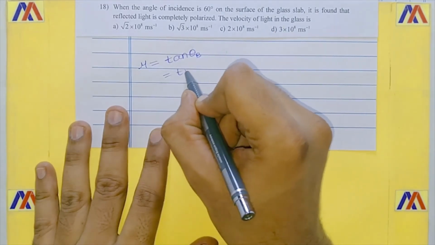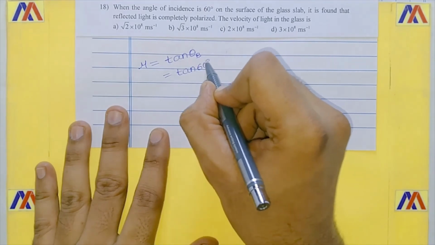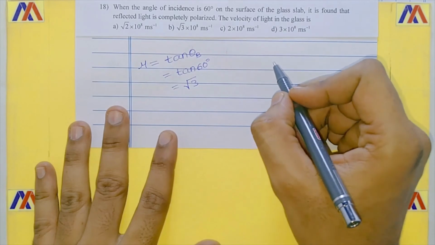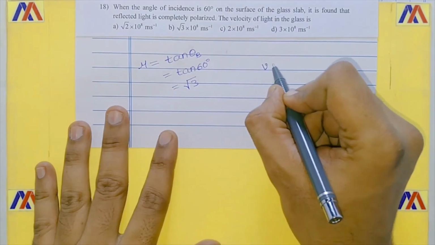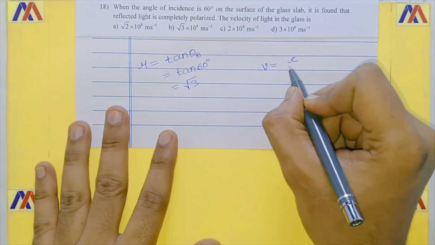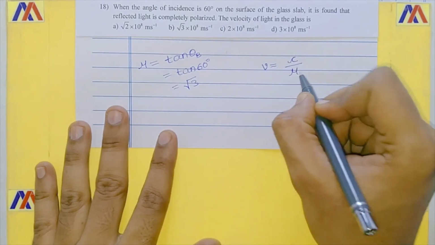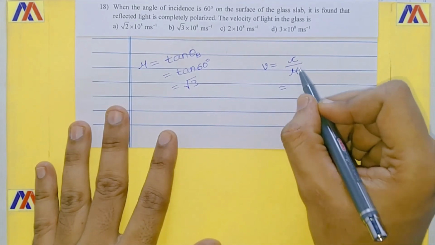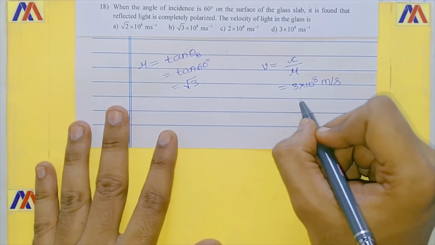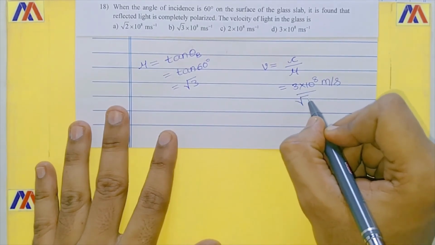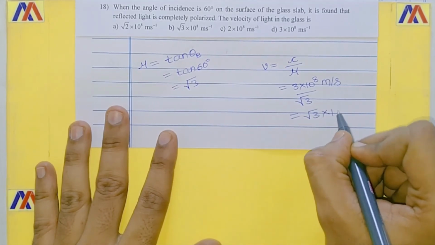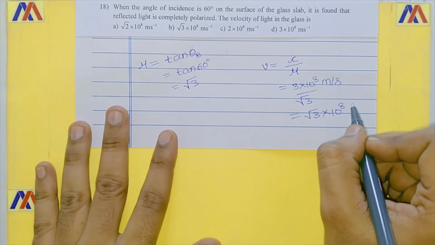So tan 60 degree is √3. Therefore, refractive index of the glass slab is √3. We also know that velocity of the light in any medium is given by velocity of light in vacuum divided by refractive index of that medium. So C value is known to be 3 into 10 to the power 8 meter per second. Mu value is √3 here. So solving, we have answer as √3 into 10 to the power 8 meter per second, option B.